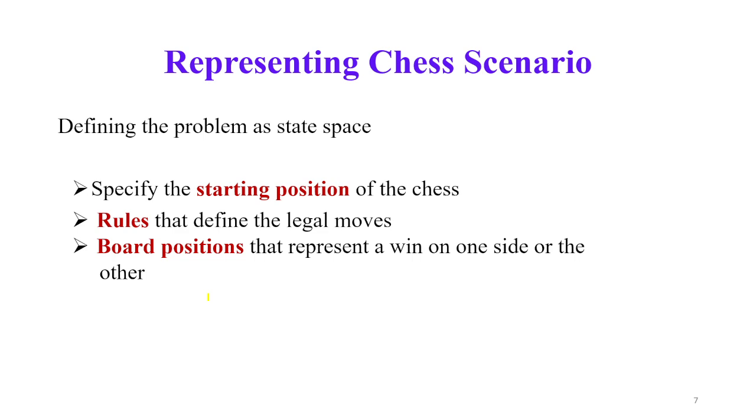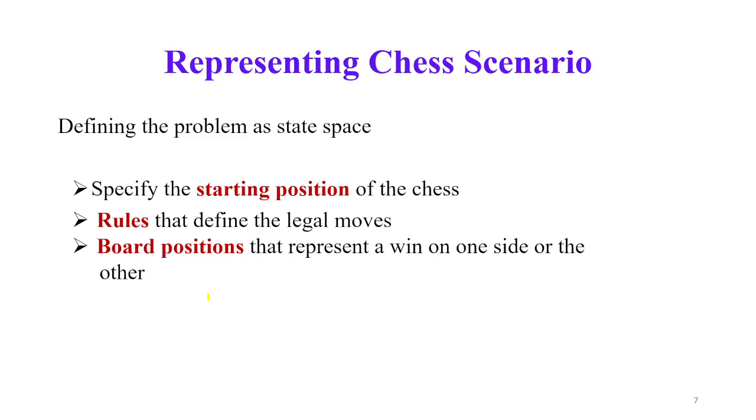As we said, we are going to define the state space for this chess problem. Why? Because it's complex enough and it's very, very interesting. So to define chess as a state space problem, we need three things.